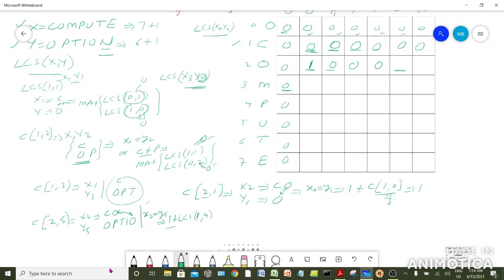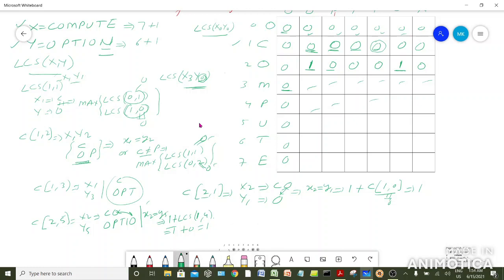So this value is equal to 1 plus LCS of 1 and 4. LCS of 1 and 4 is 0, so 1 plus 0 is going to be equal to 1. So it will be 1. Fine. And in the same way, try to generate this value also by following the same procedure. Try to fill all these entries.